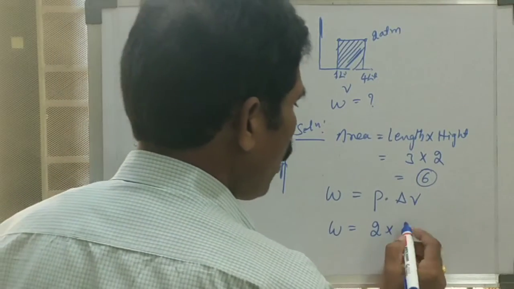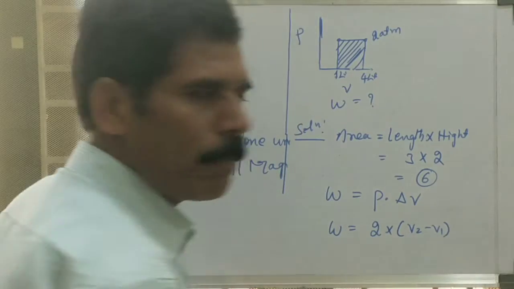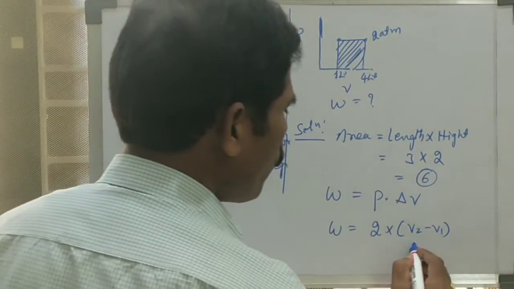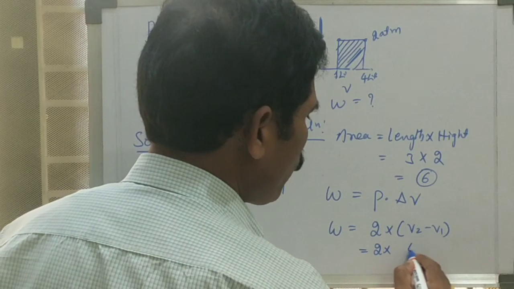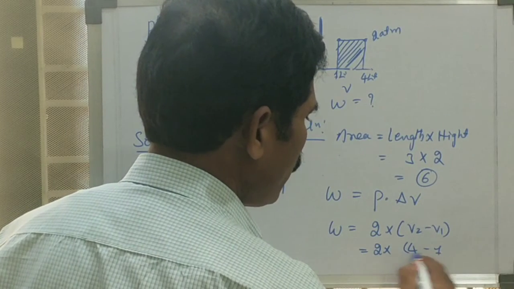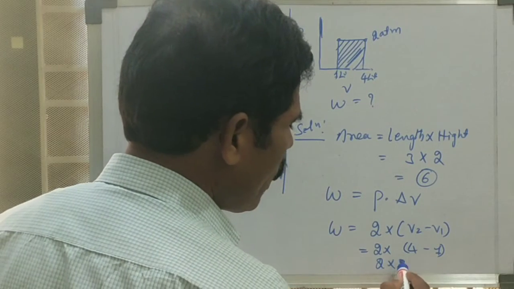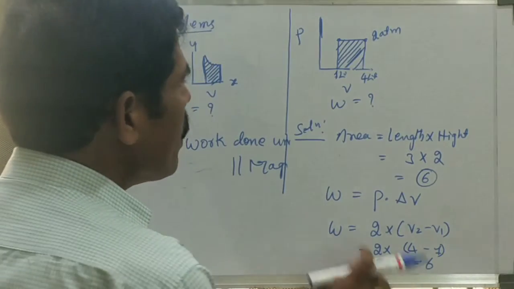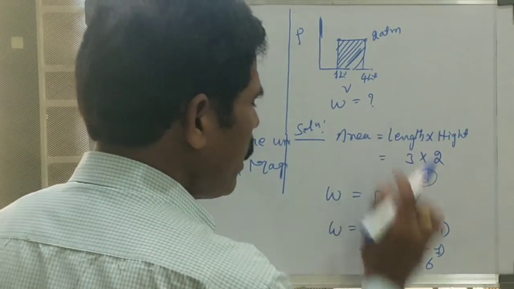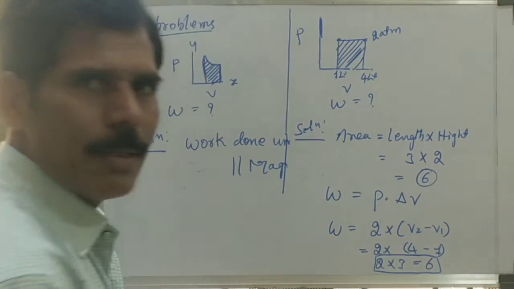Volume is V2 minus V1, where V2 is 4. So 2 into (4 minus 1), that is 2 into 3, so this is the 6. This is the answer.